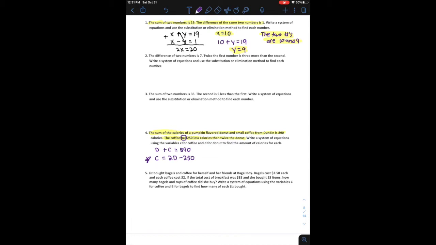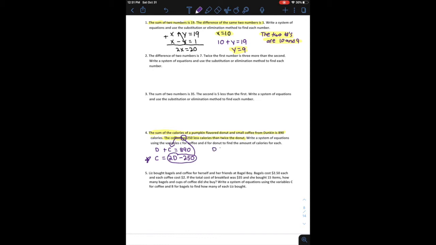But since the second equation is already solved for C, I'm going to use the substitution method by taking what C is equal to and substituting it into the first equation. Again, it doesn't matter which method you use, but since it's already set up for substitution, I'm going to use that.